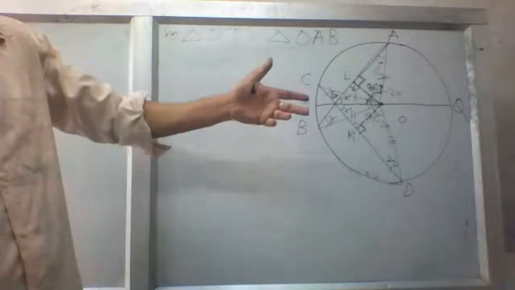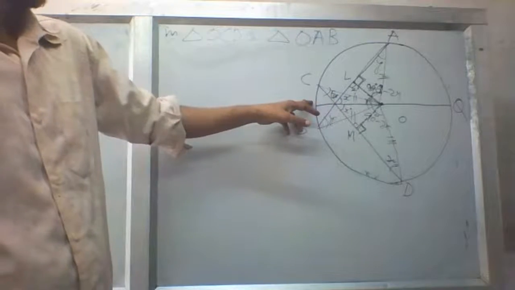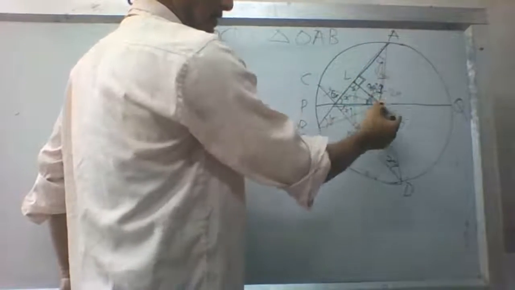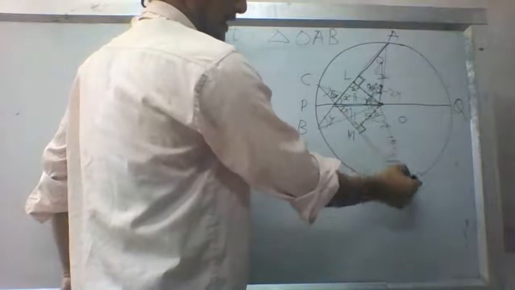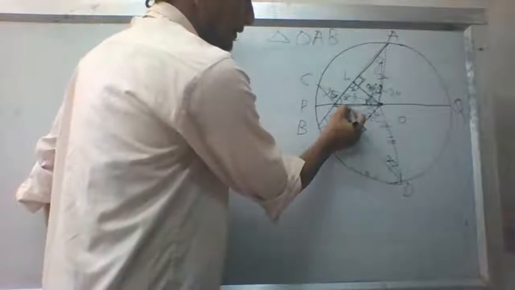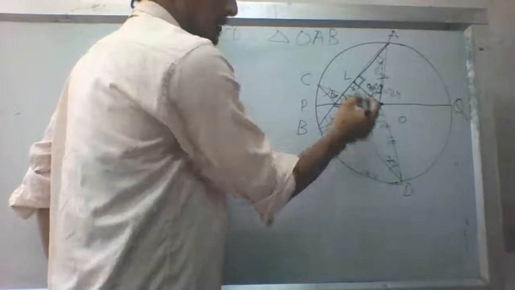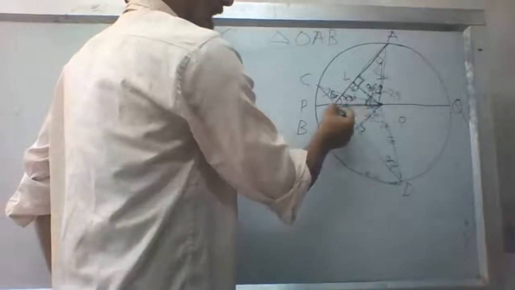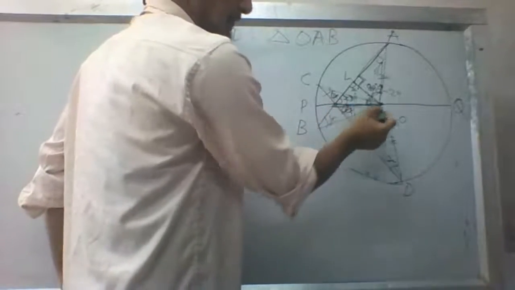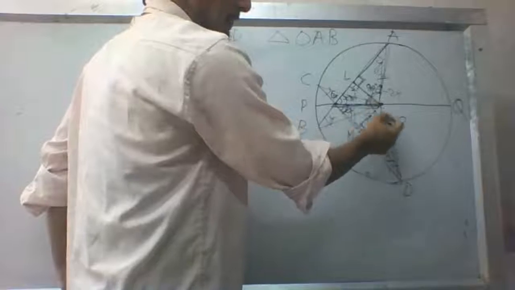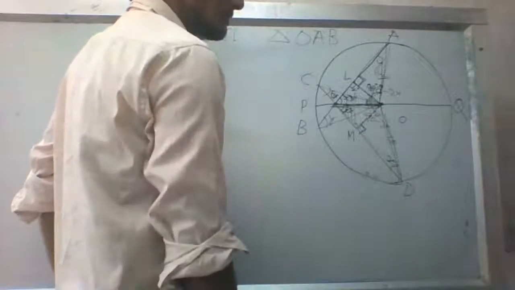Now what you will see, the diameter is bisecting it into pieces. If the diameter is bisecting it, then take this triangle under consideration and this triangle under consideration. It means this angle is equal to same, this angle is equal to same, and this is a common part, and this side is equal to this side because they are diameters.